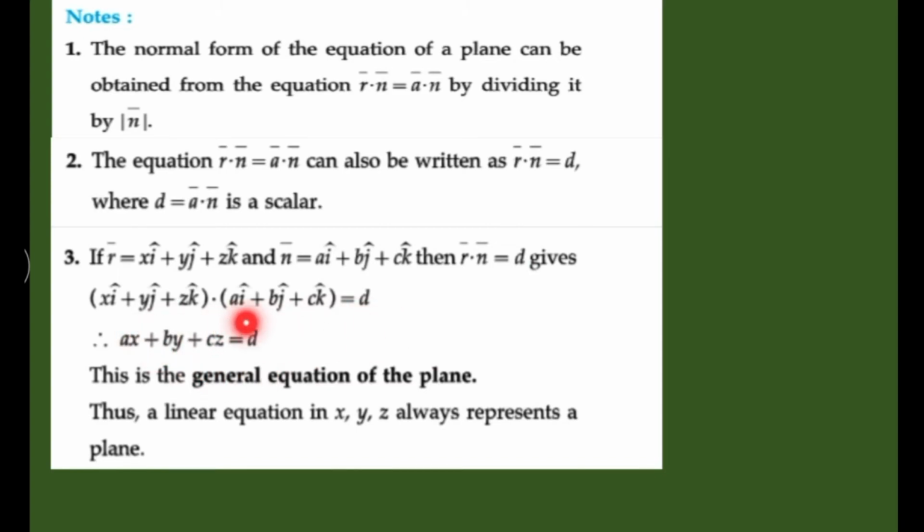Therefore, taking dot product, we write ax plus by plus cz equals d, because i dot i is 1, j dot j is 1, k dot k is 1, i dot j is 0, i dot k is 0. So we directly write ax plus by plus cz equals d. This is the general equation of plane. Thus, a linear equation in x, y, z always represents a plane.